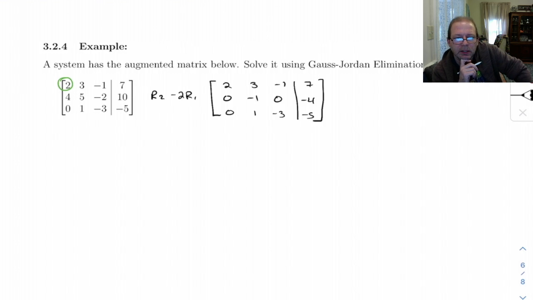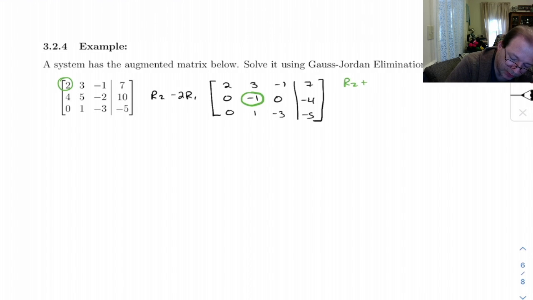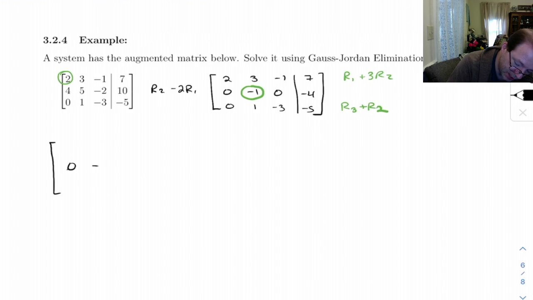Let's see. I think what I want to do now is use this -1 as a pivot. And I'm going to do row 2 plus 3. I'm sorry, not row 2. Row 1 plus 3 row 2. And then row 3 plus 1 row 2. All right, when I do that, let's see. The middle row stays the same, 0, -1, 0, -4.